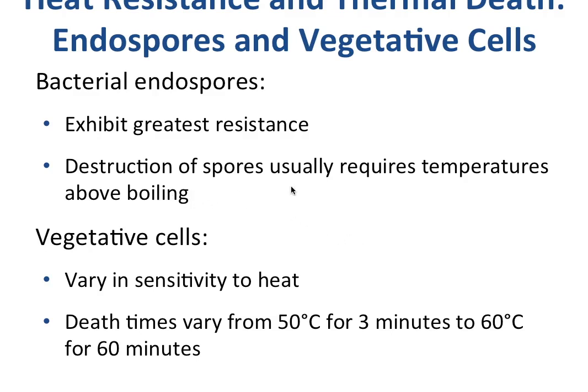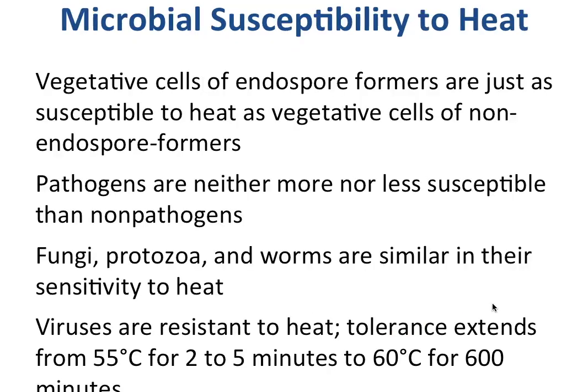So we may need more time with moist heat to completely eliminate the endospores. Vegetative cells are very easy to eliminate because they are very sensitive to the heat. For example, some microorganisms can only endure 50 degrees for 3 minutes. So we don't need too high a temperature. We just need 50, 60 degrees to kill all these vegetative microorganisms.